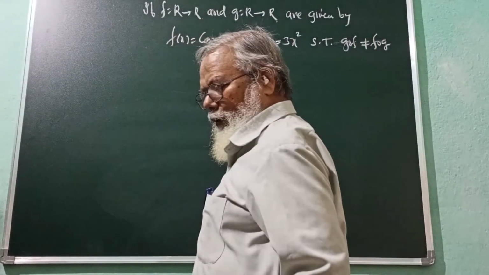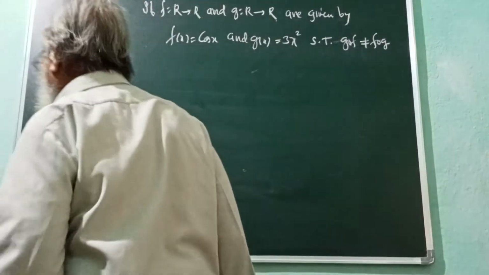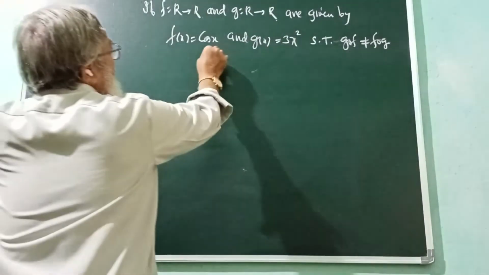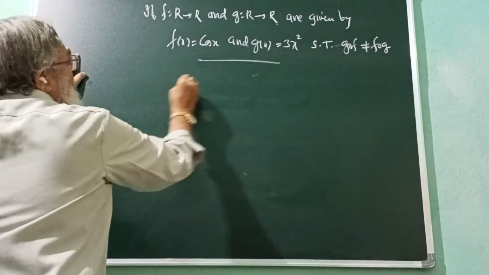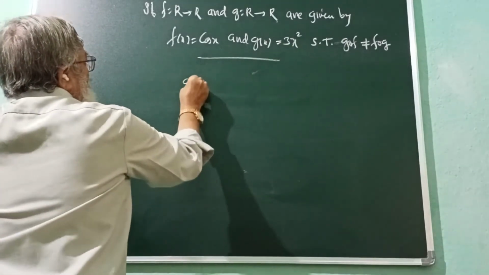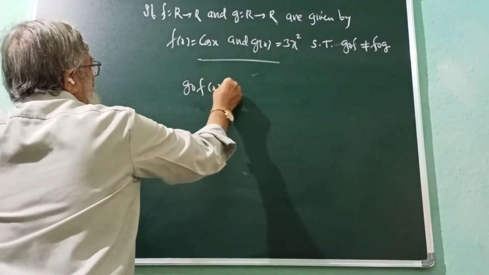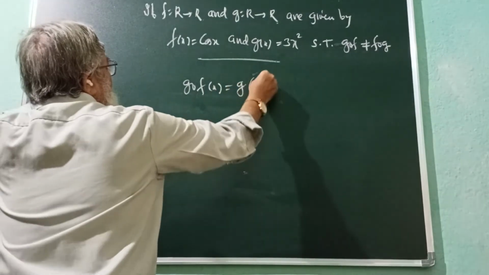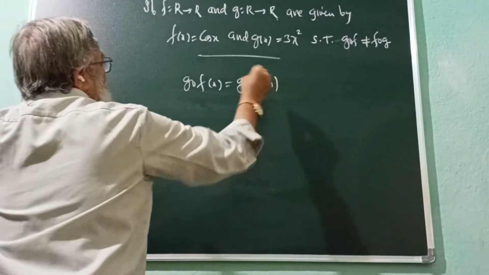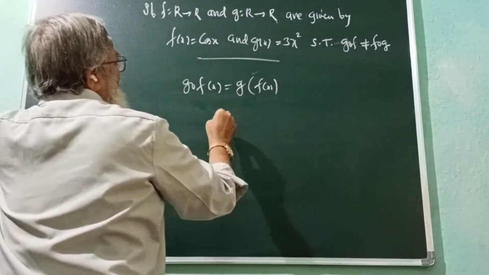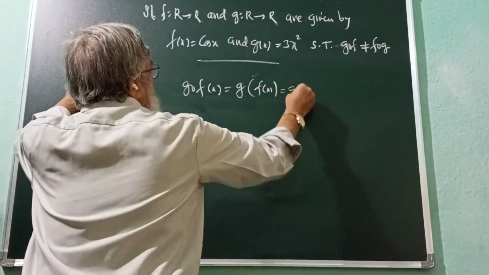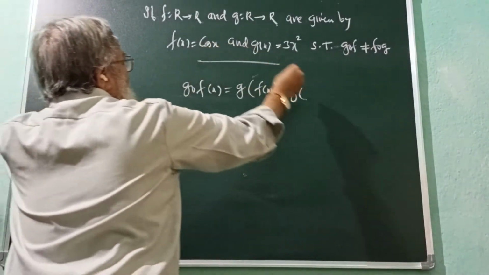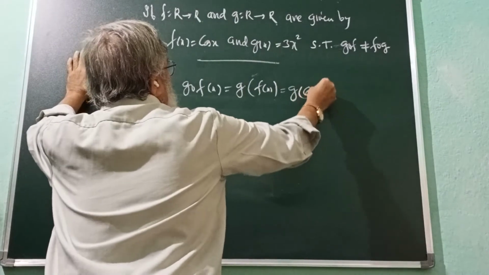Let us find out both g composition f and f composition g. See carefully and try to understand, please. First, let us find out (g composition f)(x). By the definition, it is nothing but g of f of x. g of f of x means find out the value of f of x. f of x is given by cos x.